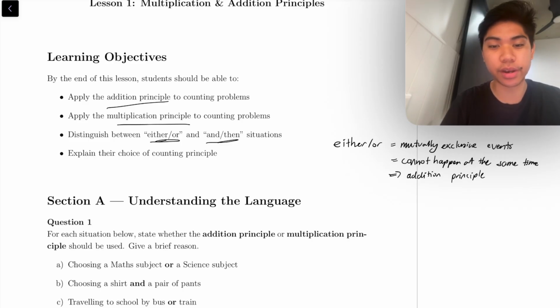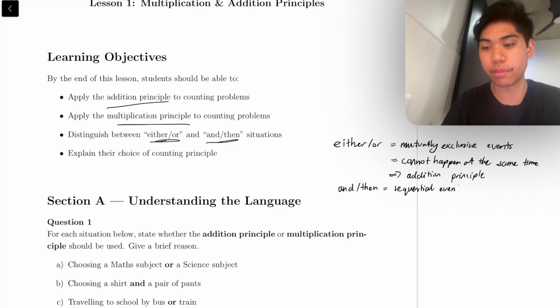combinations together. Now, for our and/then, if we see that in our scenario, that basically means that we have sequential events. Okay, so that basically means that they happen one after the other.